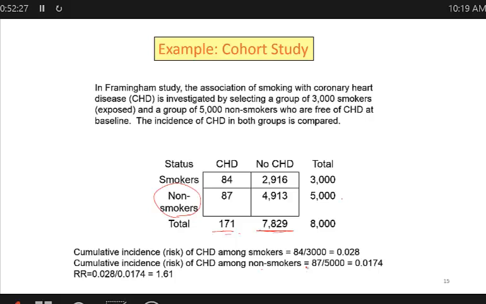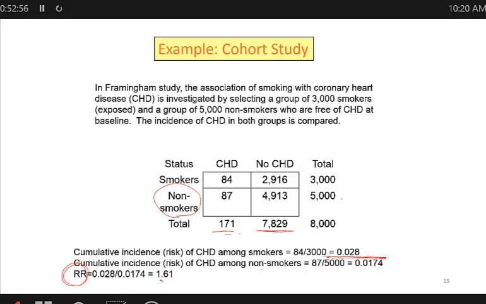And then in order to compute the relative risk, you simply divide the probability of having CHD among smokers by the probability of having CHD among non-smokers. That gives 1.61. So this is a relative risk or risk ratio. We call it RR, so if you see RR in medical literature, that's this one.